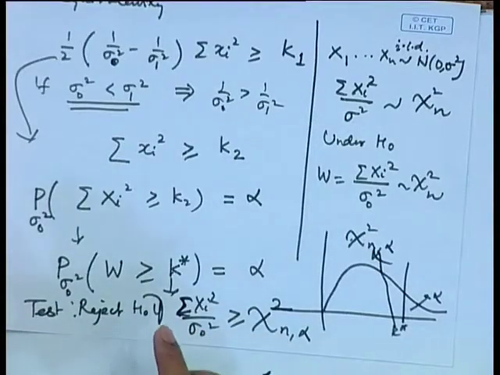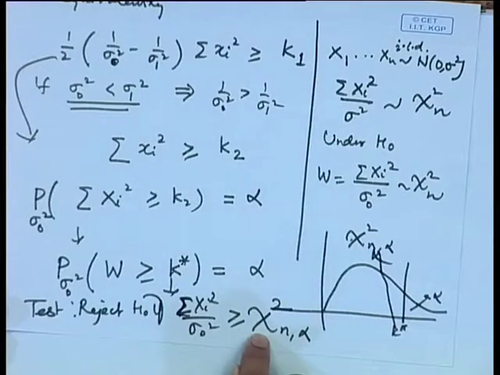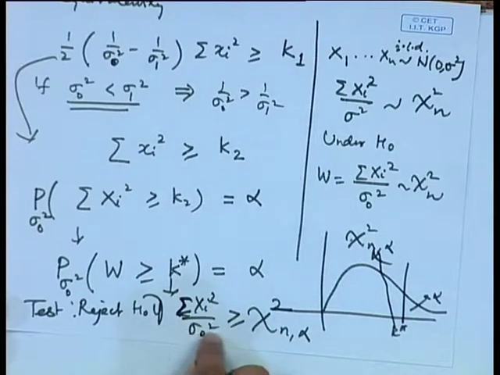Now, how much value of sigma Xi square by n should be considered small or large is decided by the probability of the type 1 error. So, if the probability of the type 1 error is alpha, the relative position of sigma Xi square is decided by chi square n alpha, and of course the value sigma naught square also plays a role, because if sigma naught square is much smaller compared to sigma 1 square, then that value will play a role.